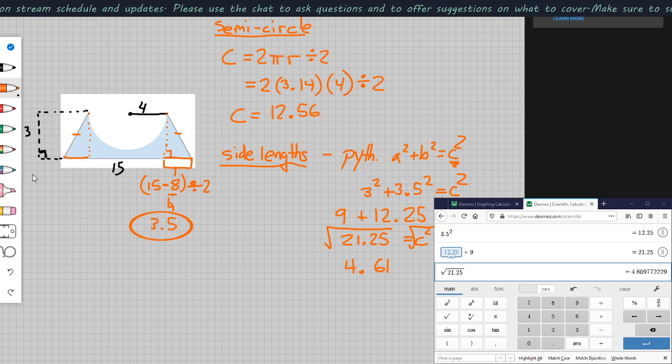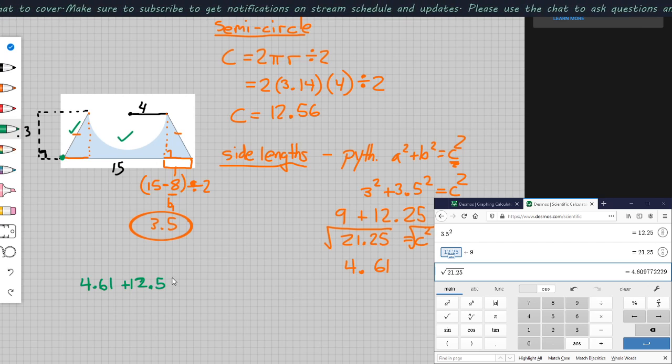So starting at one corner, I'm going to go clockwise this time, so this way. So we're going to have 4.61, that's this dimension, so we got that. Then we need this top distance, I'm sorry, the circumference distance, so that's 12.56. Now we need to come down the slope, so that's 4.61, so I'm going to add that.